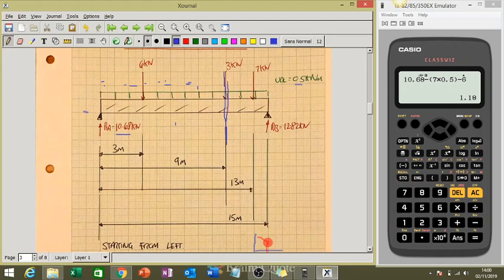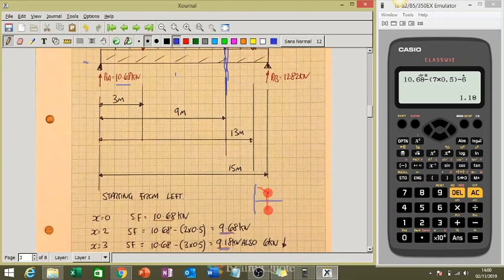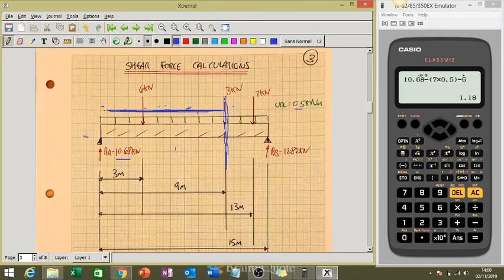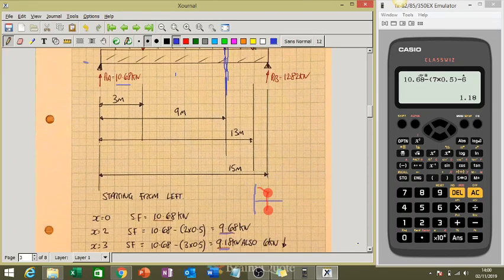I'm just looking at what I can see. I can see that force coming up, this force coming down. I've got all of this UDL, 9 meters worth of the UDL. And I've also got this 3 kilonewtons coming down. So I'm going to have 2 points again like I did before, a point like that and a point like that. It'll slope down for the UDL, and then the 3 kilonewtons will kick straight down.